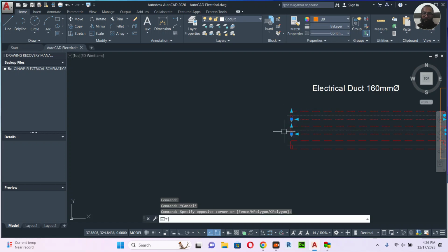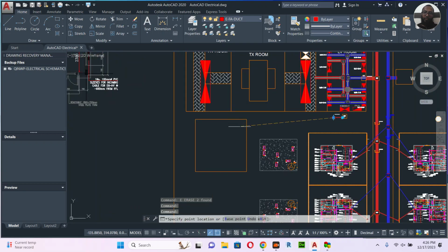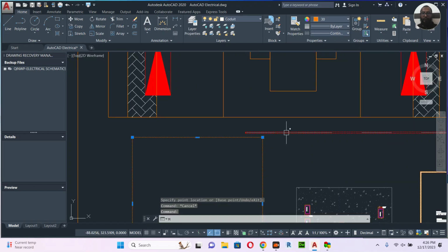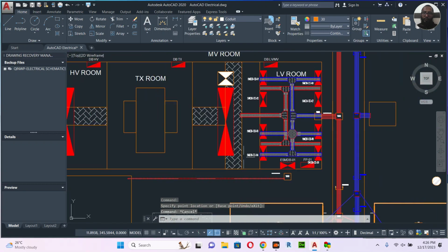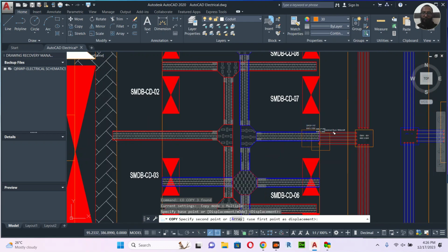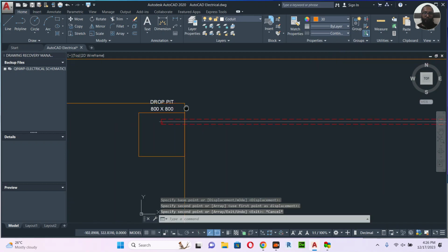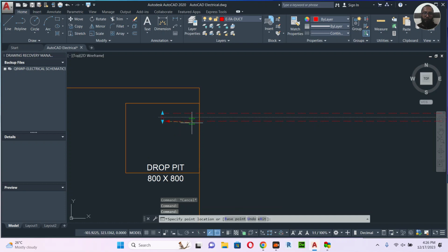Let's make one now. It depends on the load, how much load you have, that much cable will come as per the calculation. So let's move this one a little bit here. So you can put a drop, same like this. Okay, let's make it a little smaller.